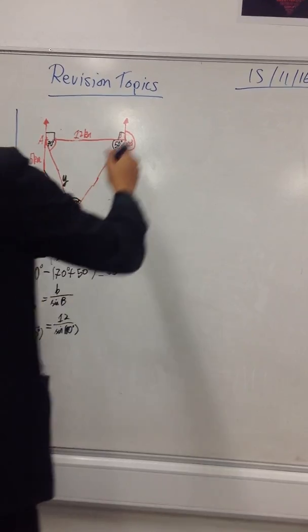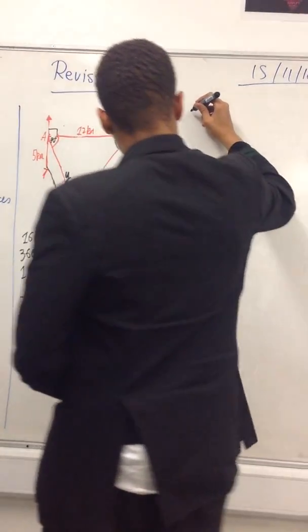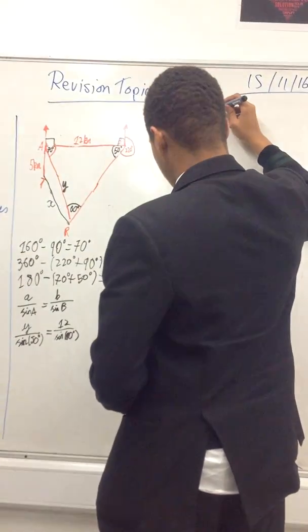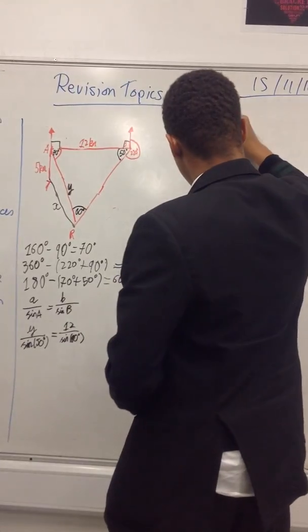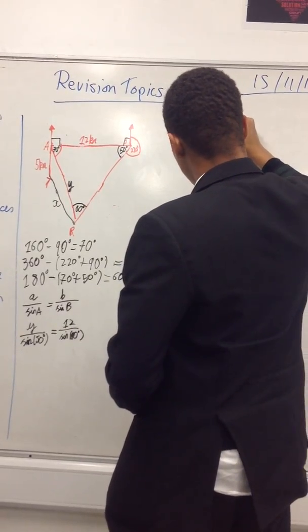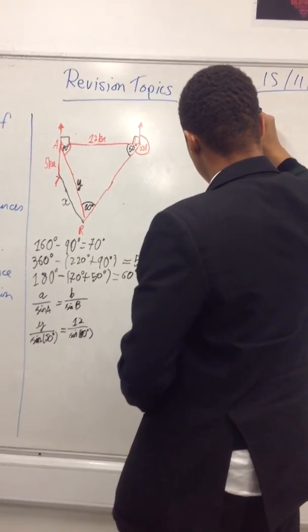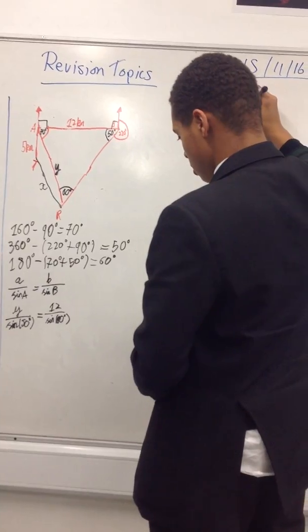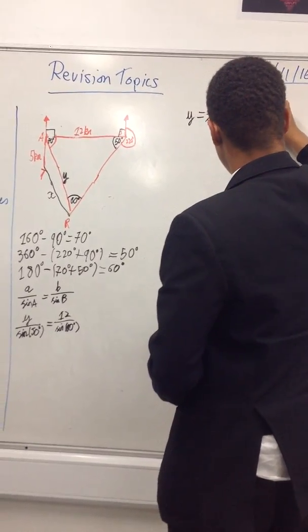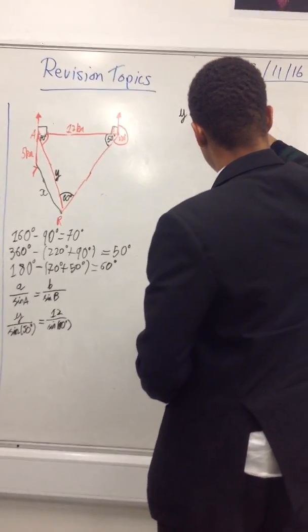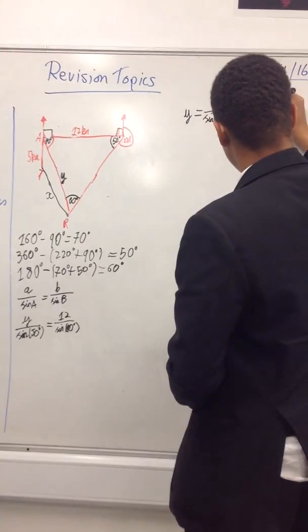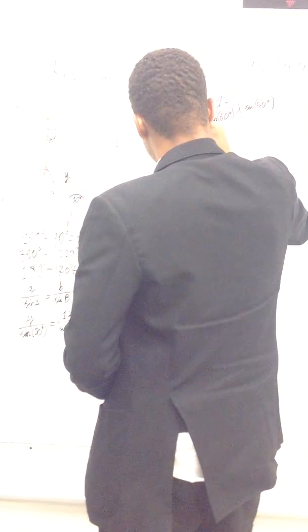You can rearrange that to make y equals 12 over sine 60 times sine 50 degrees.